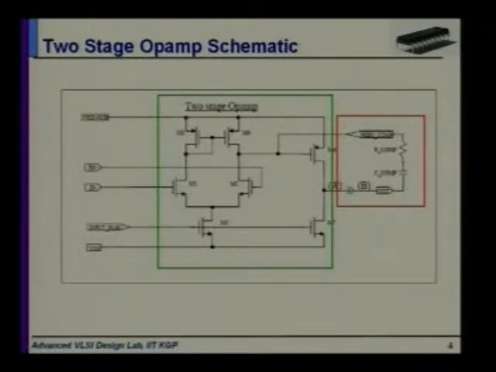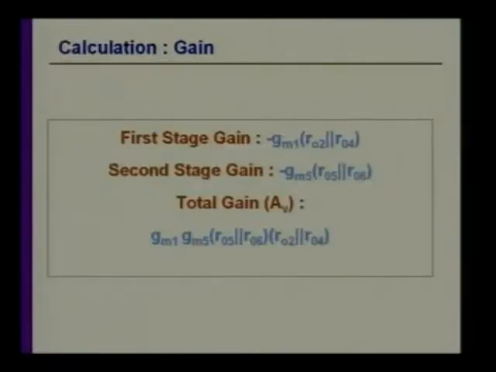First of all, we just focus on the circuit inside the green area, and the red area is the compensation stage, which we will discuss later. This is the first stage gain, GM1 times R2 parallel R4.